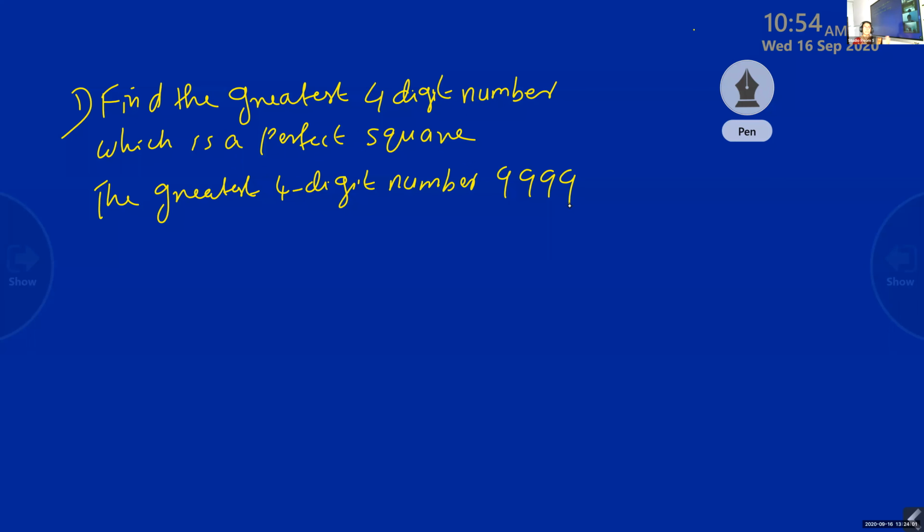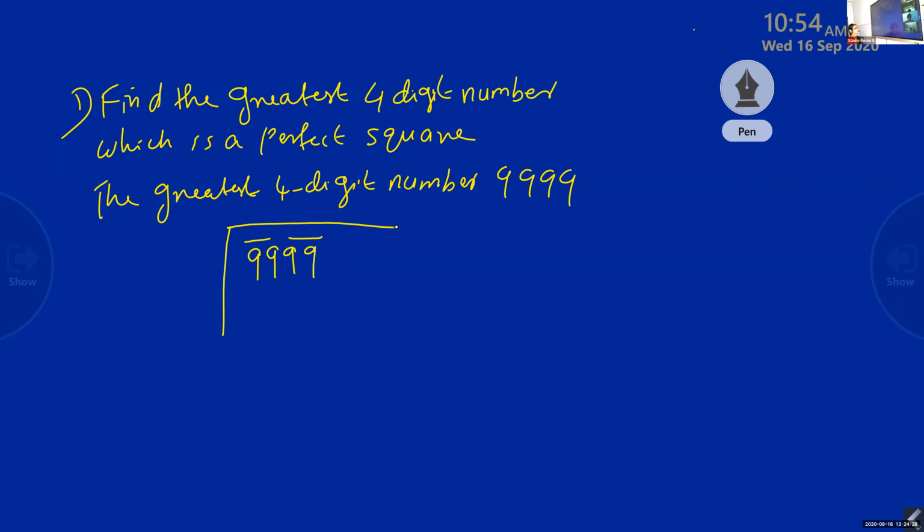So it will be less than 9,999. For getting that, we have to find out which number we should subtract from 9,999 to get a perfect square number. First of all, we will start with our long division. Put bars on the digits of 9,999.